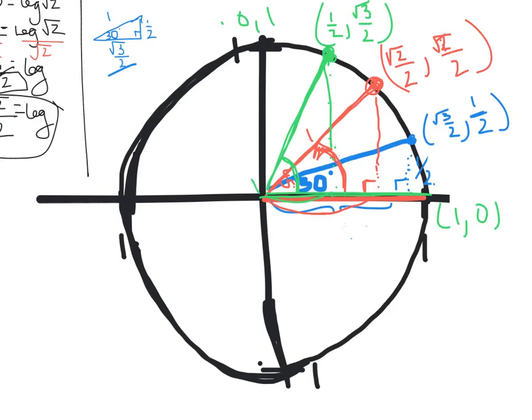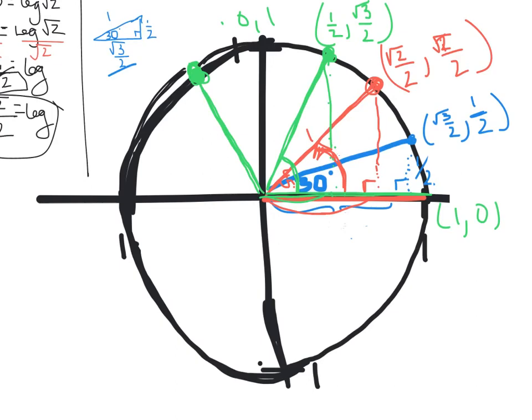So if I wanted to know this coordinate here, it's really just a reflection of this value. So if you think about it, our horizontal change is still half away from here, but it's going to be a -1/2 because I'm in this quadrant, and the y value should be exactly the same.